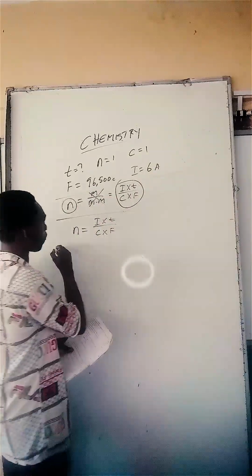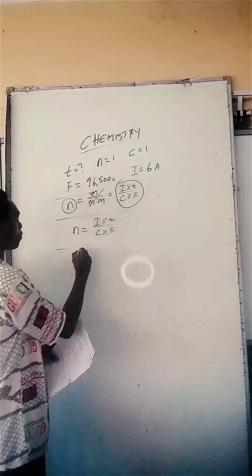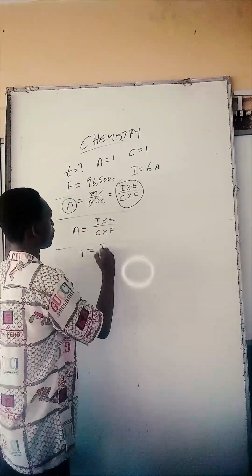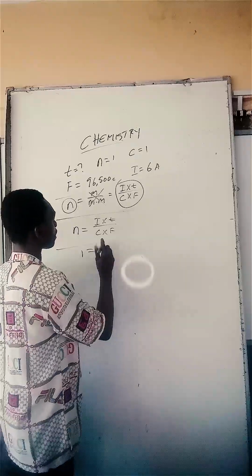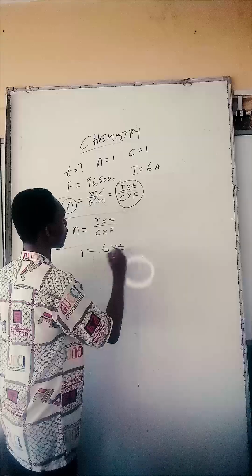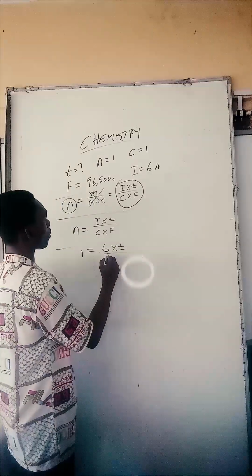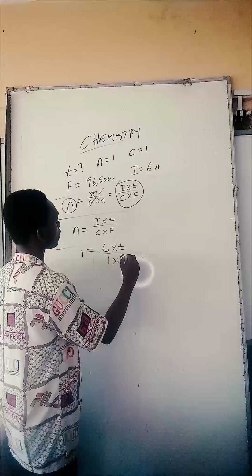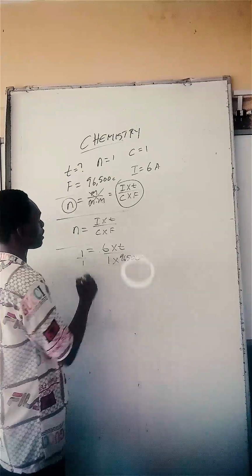Alright, now let's quickly solve. Our N here is 1, which is equal to our I, which is 6 ampere, times our time, which we are asked to find, all over 1, which is the valency, times 96,500.